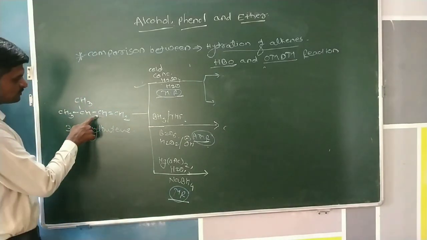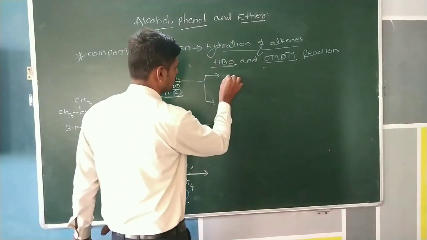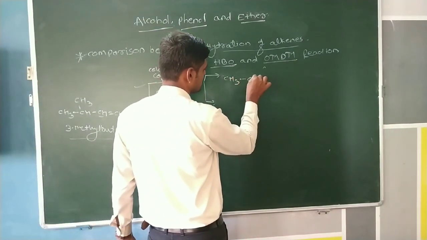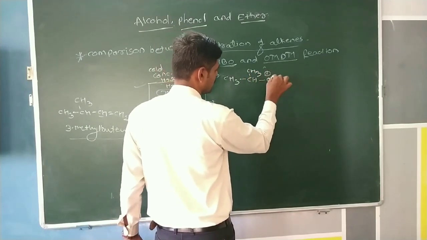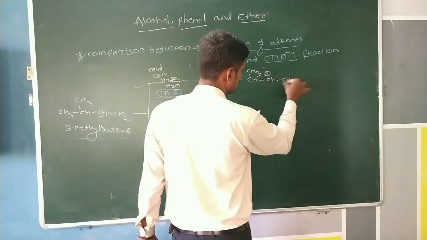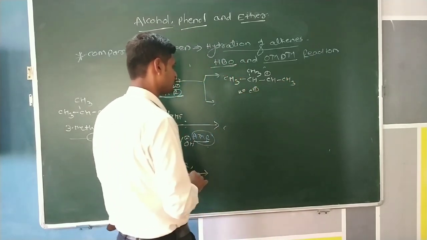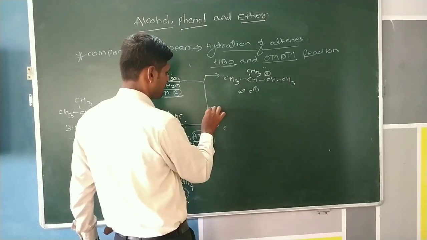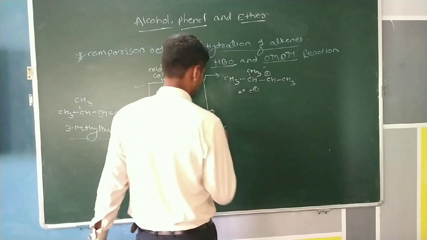Then this carbon also forms the carbocation. This carbon also forms the carbocation. There are two types of carbocations formed here. CH3, CH, CH3, then C plus, CH, then CH3 is also formed. There is a formation of secondary carbocation. After that, the carbocation is formed on this carbon atom.